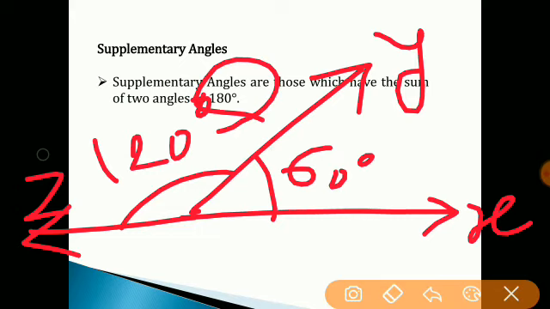That's why we can say that angle YOZ plus angle YOX is equal to 180 degrees. So these both are our supplementary angles.